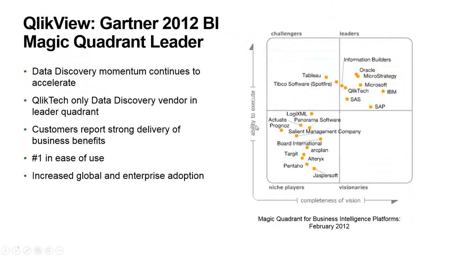And the y-axis shows the ability to execute. So Qlik is right up there in the leaders quadrant. That means that the tool from Qlik is very competent. What we are going to learn, the tool is very powerful, and also it's one of the leading tools in the BI space.